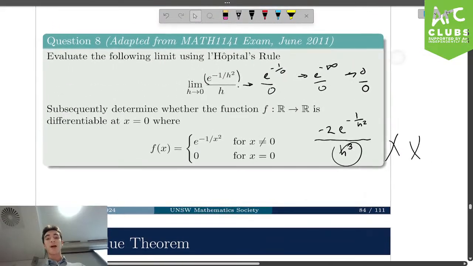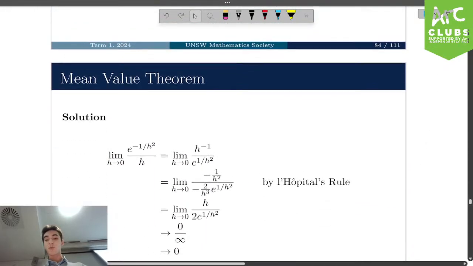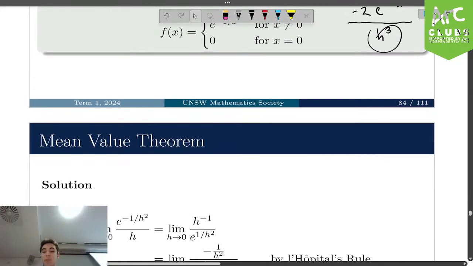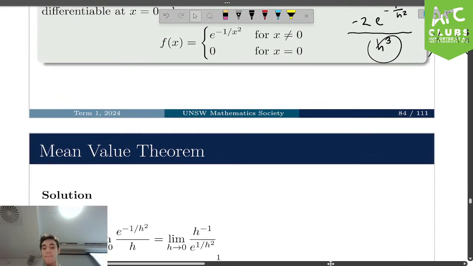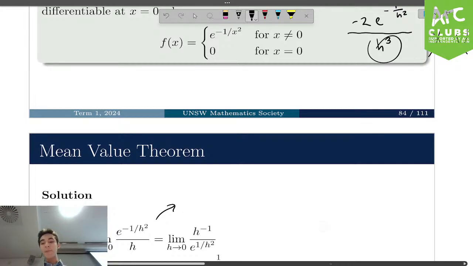But we do actually apply L'Hopital's rule to solve this question, just in a different way. What we start with is rearranging the fraction. A way of thinking about what happened here is that we divided the top by this value, h times e to the minus 1 over h squared, and we divided the bottom by that value as well.